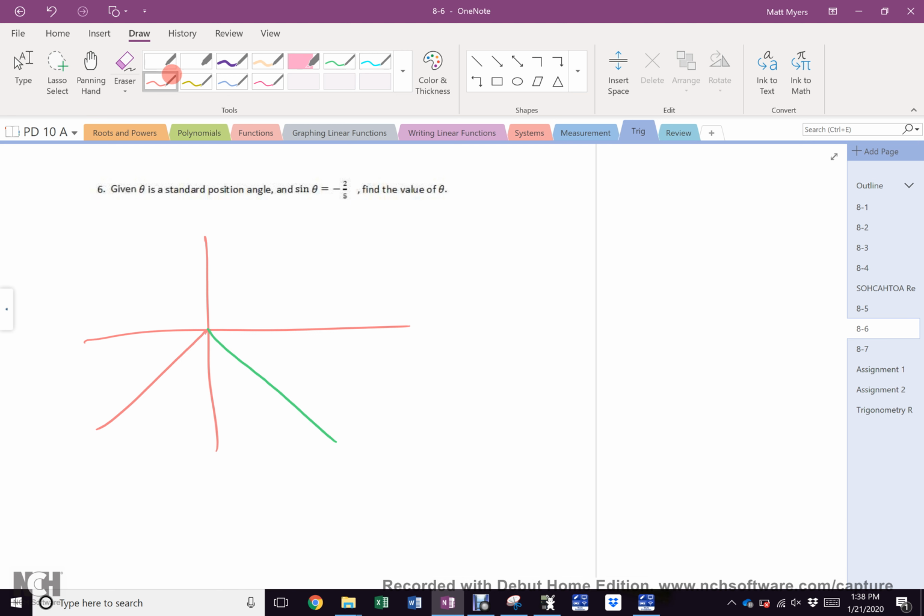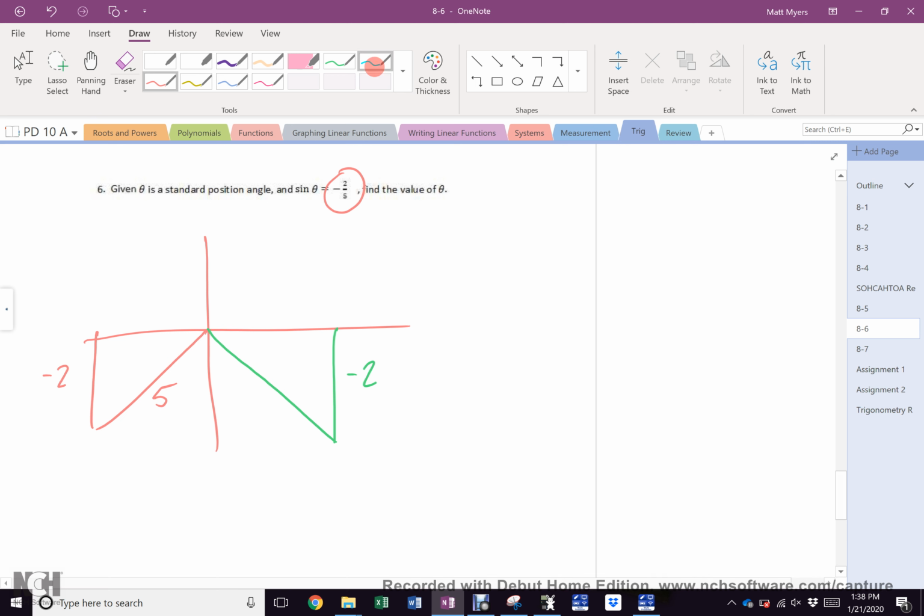Now, what do we know about these values? What's the 2? Y. It's a y value. So that is negative 2. What's that? What's this? No. 5.